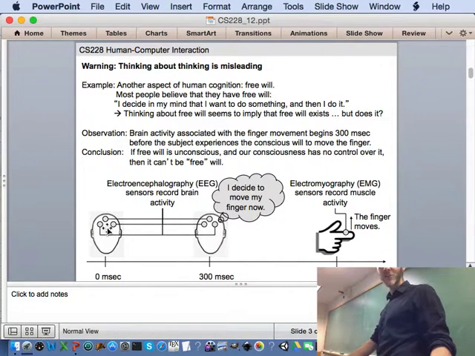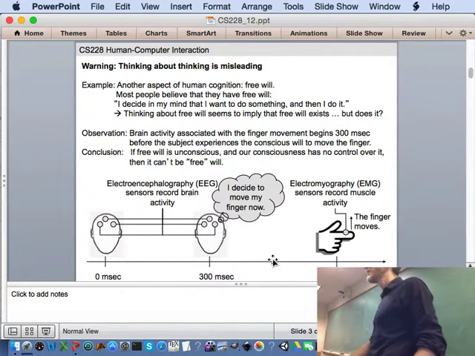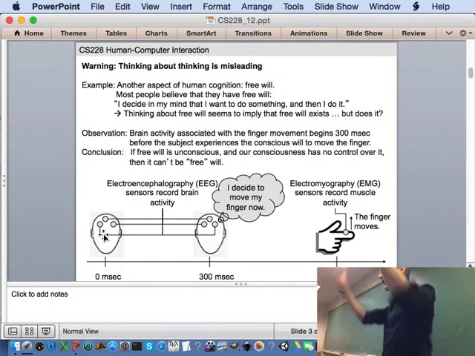And again, these patterns were different in different subjects, but they were consistent within the same subject. So the subject thought, or at least reported, that they had moved their finger at this point in time, but it seemed that they had actually, quote unquote, made up their mind 300 milliseconds earlier, but they weren't aware of it.